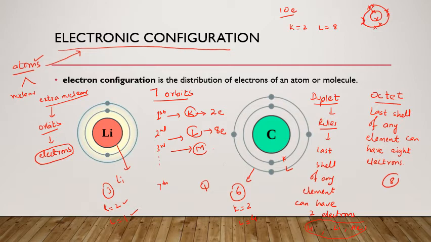Let's say we are talking about an element that has 20 electrons, then K would have 2 electrons, L would have 8 electrons, M would have 8 electrons, and then N would have 2 electrons. That means we are only studying 8 electrons maximum in any shell. So this is 2 plus 8, 10 plus 8, 18 plus 2, 20.